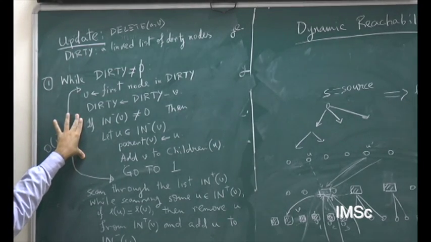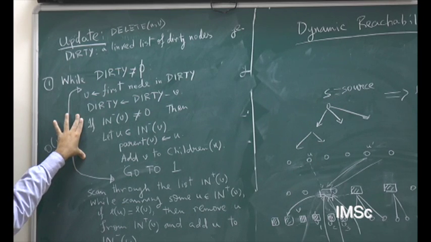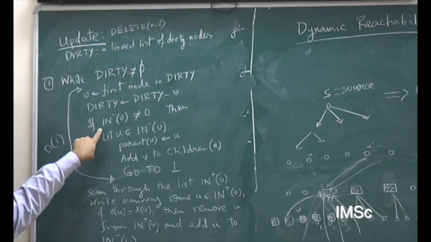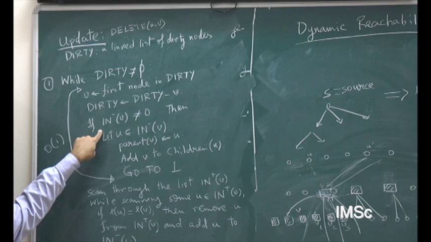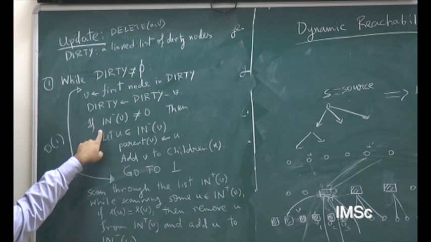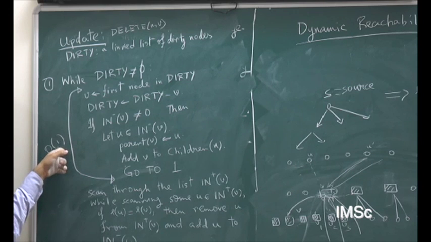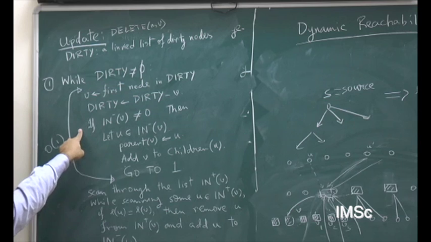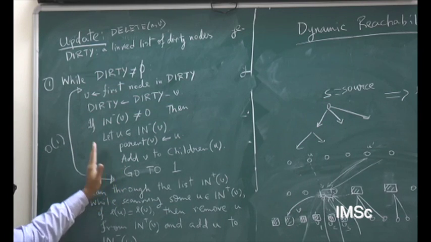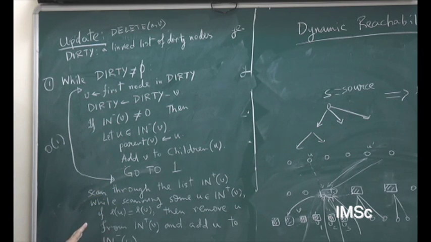Why is that constant? You have to go through a list of in-layers. No, you can just check if it's empty or not. Okay. So this part is constant, but after this v is no longer dirty, and it's never going to be dirty in this while loop.